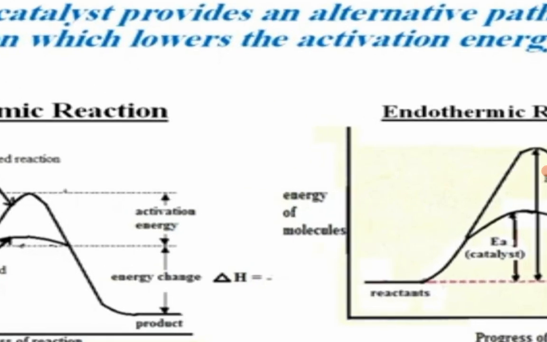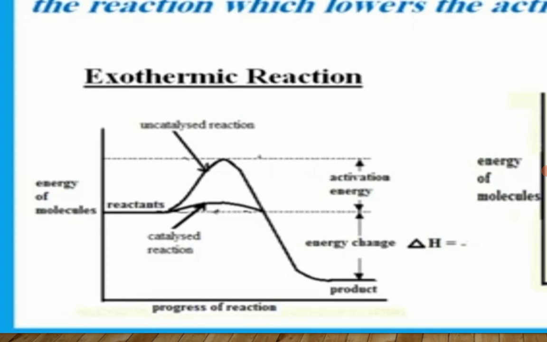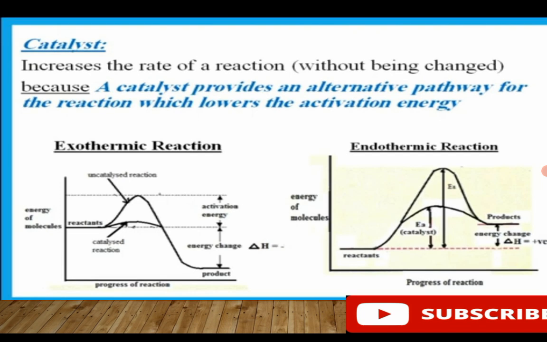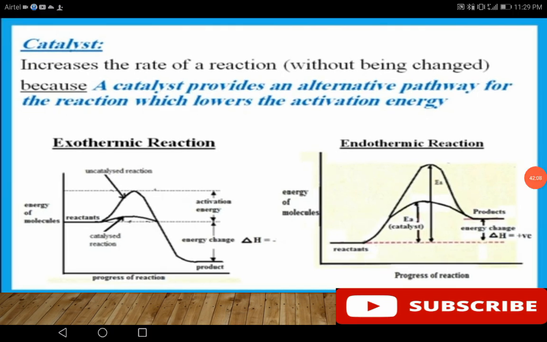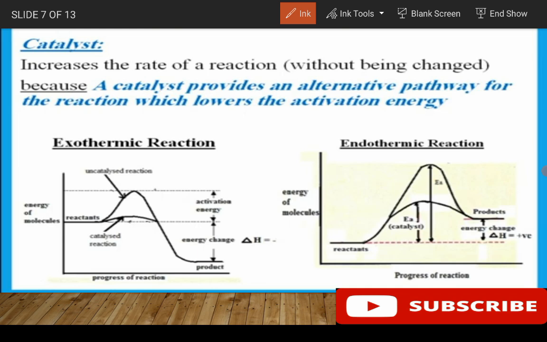For example, if you look at these profiles of reactions, we have the exothermic reaction and the endothermic reaction. So, in the first case, the exothermic reaction, remember, in an exothermic reaction, the products are lower than the reactants, like shown here.